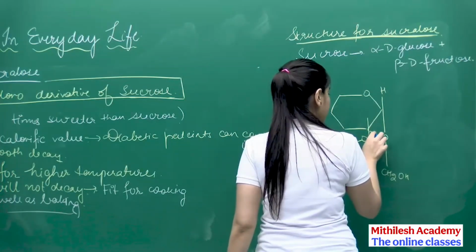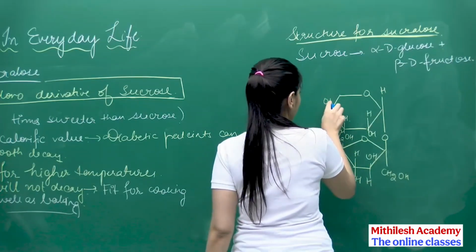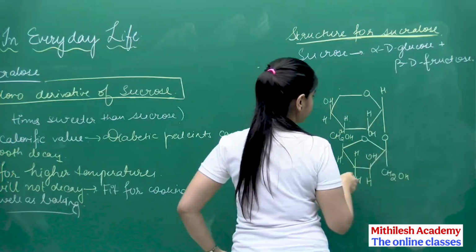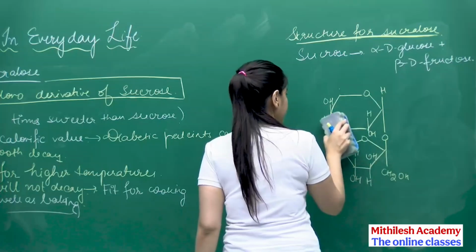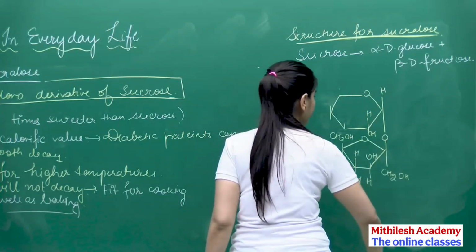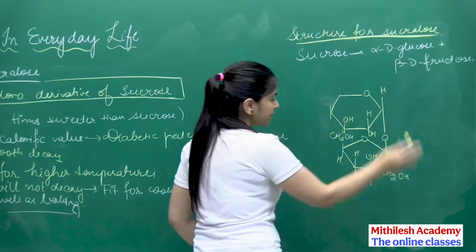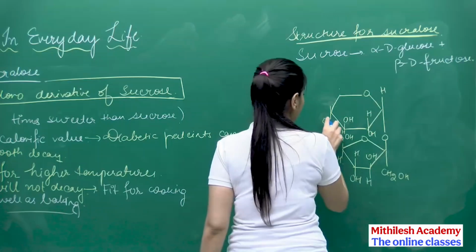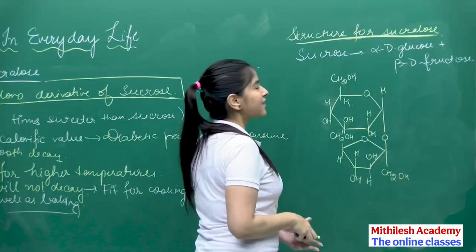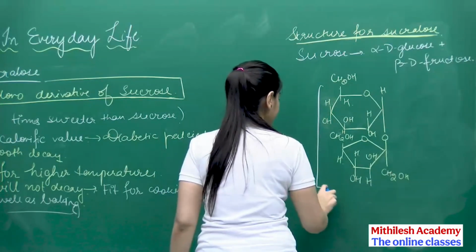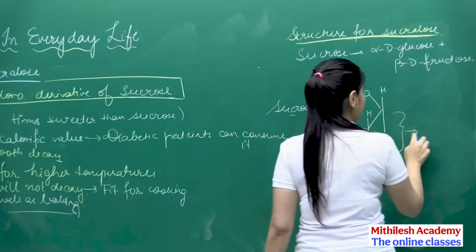So I have got OH, H, OH, H, OH, H, and yes, I need to make this very OH upwards. So let me just correct that. OH, H. I hope that is clearly visible to you. Now OH, H, and finally CH2OH, H. So that is nothing but the structure for sucrose. That is sucrose, and that is the glycosidic linkage.